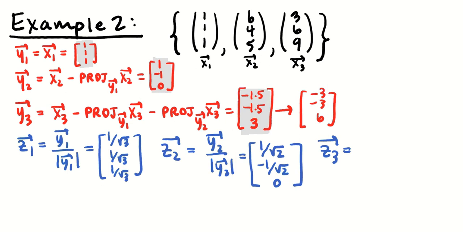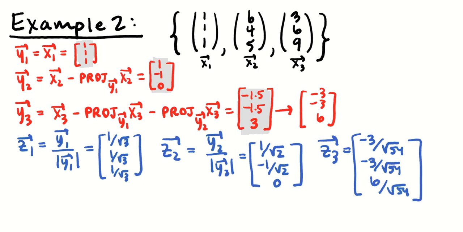If I took the length of my adjusted y3, I'd have 9 plus 9 is 18, plus the square of 6 would be 36. In total, that's 54. So I've got -3 divided by root 54, -3 divided by root 54, and then positive 6 divided by the square root of 54.